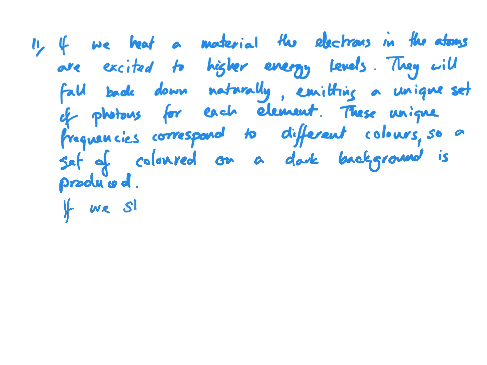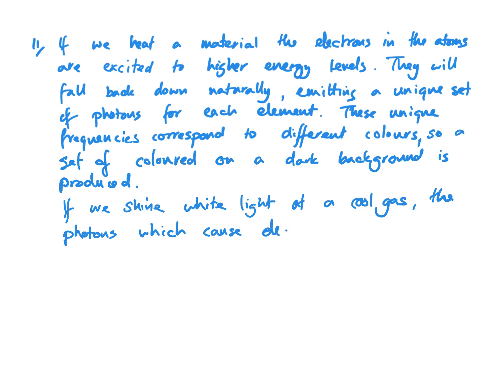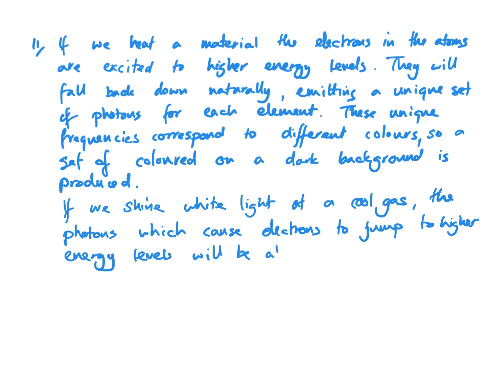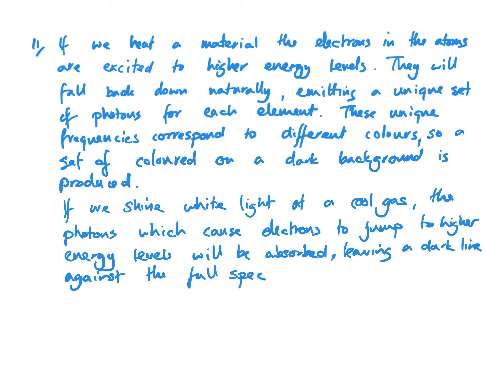So if we shine white light at a cool gas, the photons which cause electrons to jump to higher energy levels will be absorbed, leaving a dark line against the full spectrum when viewed through a spectrometer.